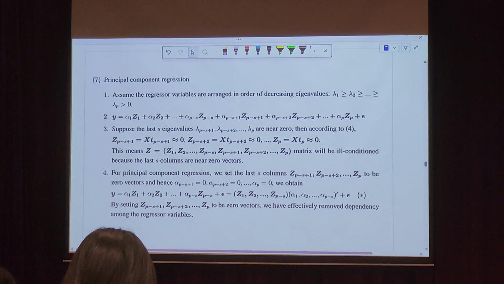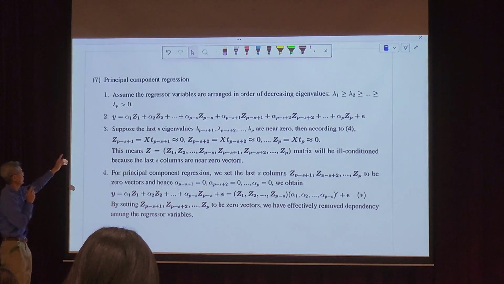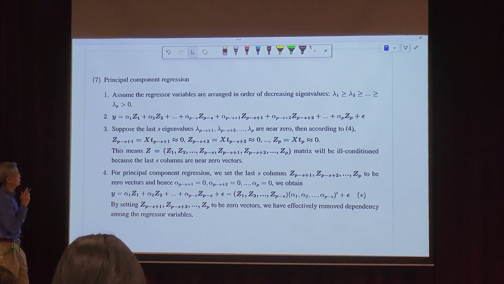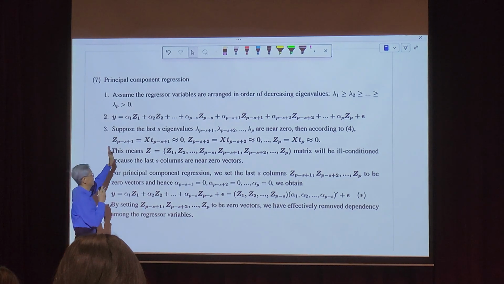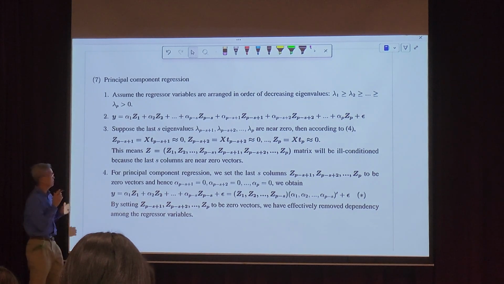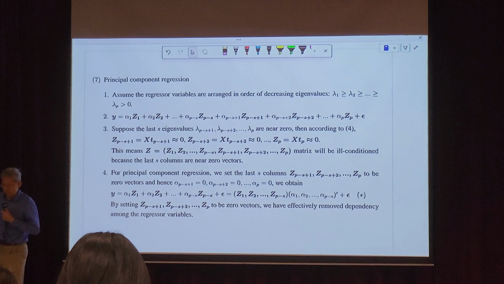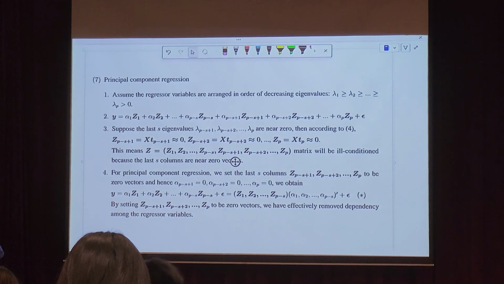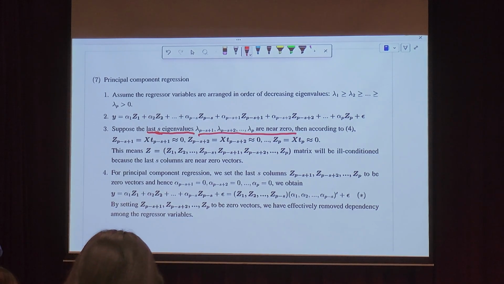So let's proceed. Assume the regressor variables are arranged in order of decreasing eigenvalues. So I have P of them. Now let me assume, to be more general, that instead of the last one, the last S eigenvalues are near 0.